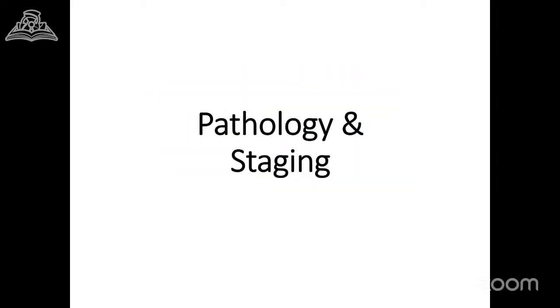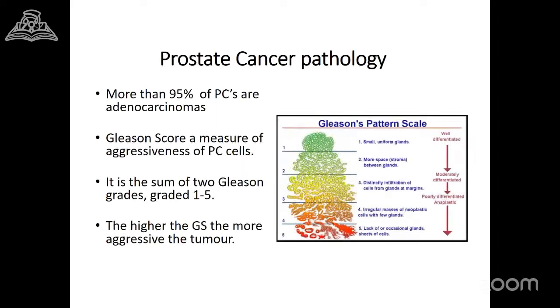So the pathology for the prostate cancer. More than 90% of prostate cancers are adenocarcinoma, which arise from the glandular tissue of the prostate. One of the most important pathological grading systems is the Gleason score, which reflects the aggressiveness of the cancer cells under microscopic examination.